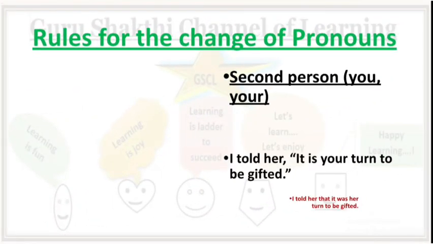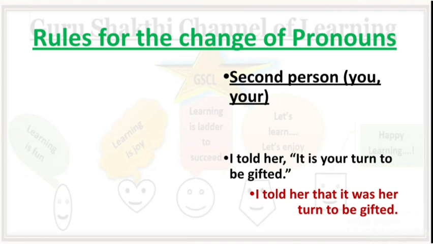The second person in the direct speech becomes the object of the indirect speech. I told her it is your turn to be gifted. The second person pronoun here is your.